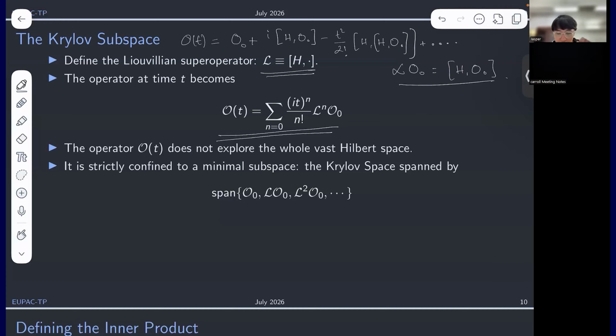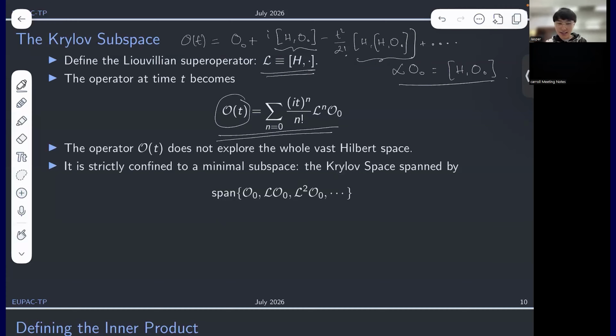So as we can see from this expansion, our operator at time t is made up of just these nested operators, right? Our operator at time t cannot go beyond these nested operators. It has to be a linear combination of them. So this means our operator at time t does not explore the entire operator Hilbert space.